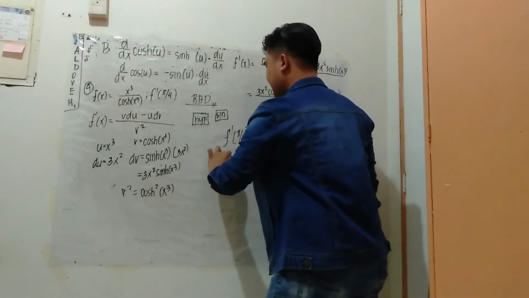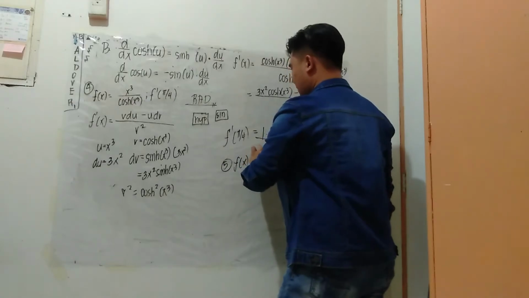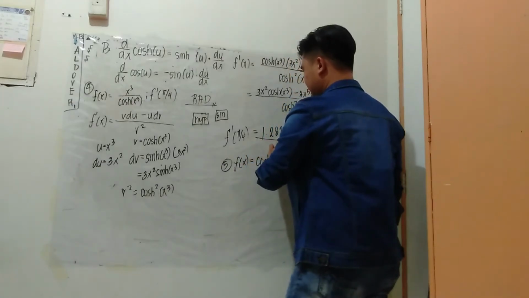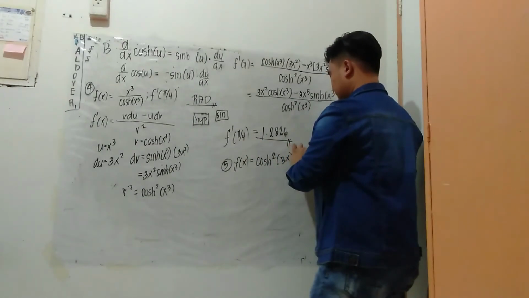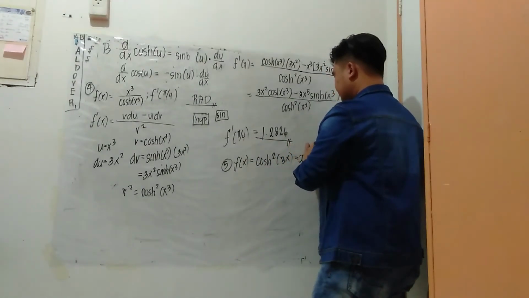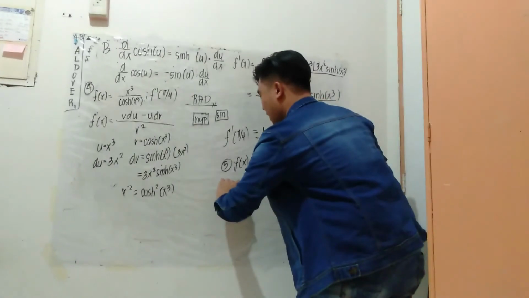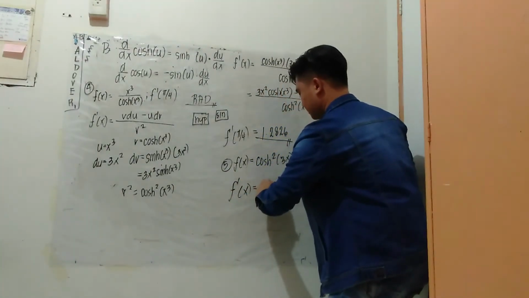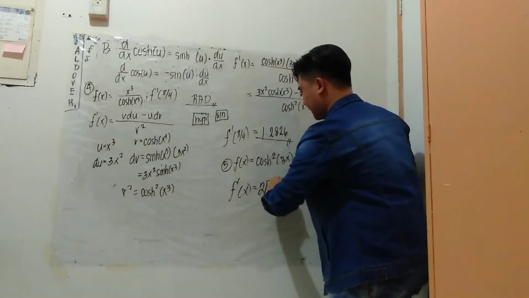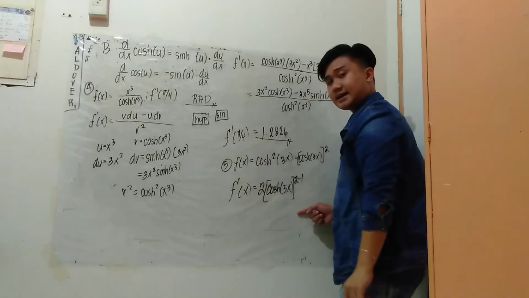So, simplihan lang natin. F of x is equals to cosh squared 3x. Or simply, cosh 3x, buong function yung naka-square. So, power rule. Pag kinuha ko sa f prime of x, ang mangyayari, bababa yung 2, cosh 3x, bumaba yung exponent, bawasan mo ng isa.